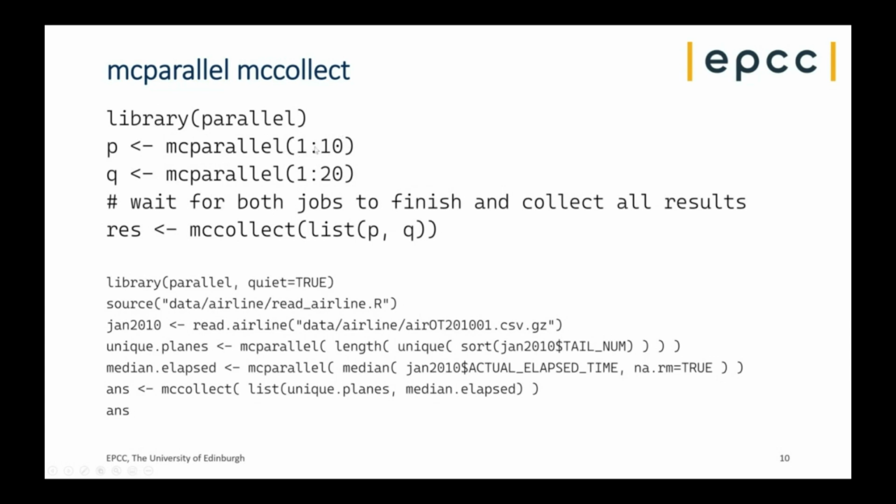Here we're just passing in a data range, but we could pass in functions to this mcparallel and it would produce results at the back end. Then we can collect those results once the parallel computation is finished and get a result out of that. There's an example down the bottom here of reading a data set in and then using mcparallel to do different things on that data set and then collecting the results at the end.